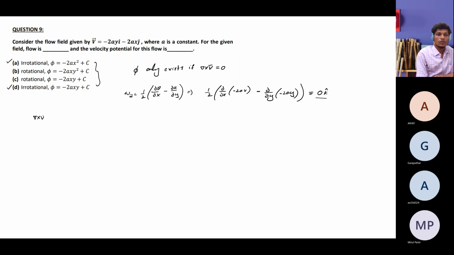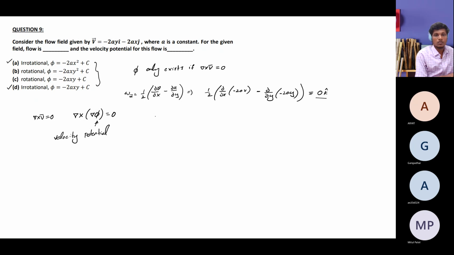Since del cross V bar equals 0, I can write del cross del phi equals 0. That's how we get a potential function phi, or velocity potential. How can you find this velocity potential?